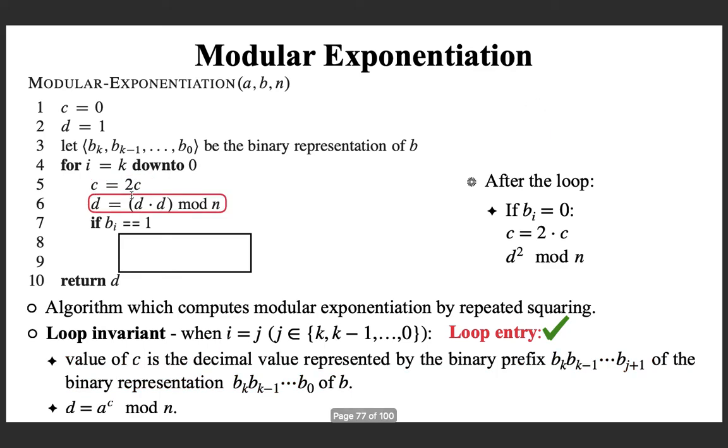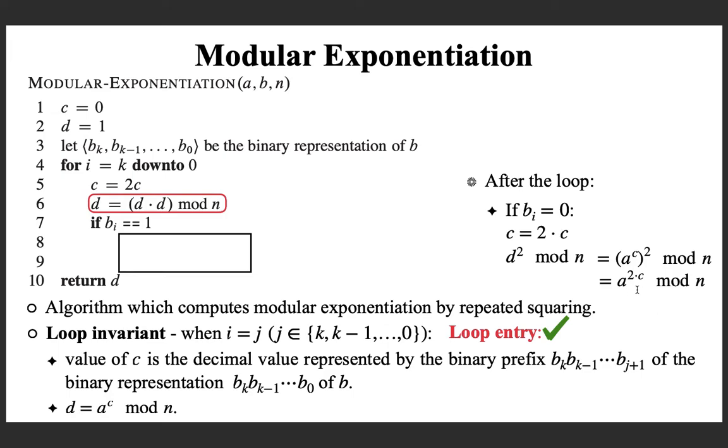Now the second part, you are computing d as d square mod n, and from the loop invariant you know that when you came inside, d is nothing but a to the power c mod n. So you substitute the value of d as a to the power c. So this is what you are getting, and you know that a to the power c, the whole square, is nothing but a to the power 2c. So the new value of d is a to the power 2c mod n, and that is exactly the new value of c.